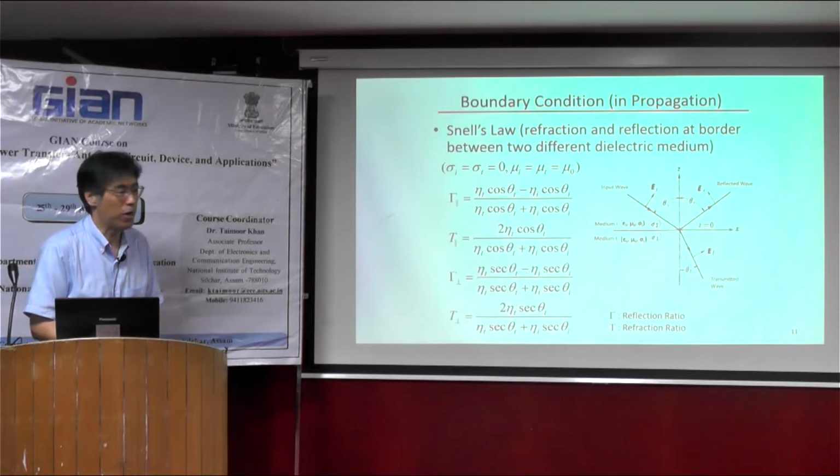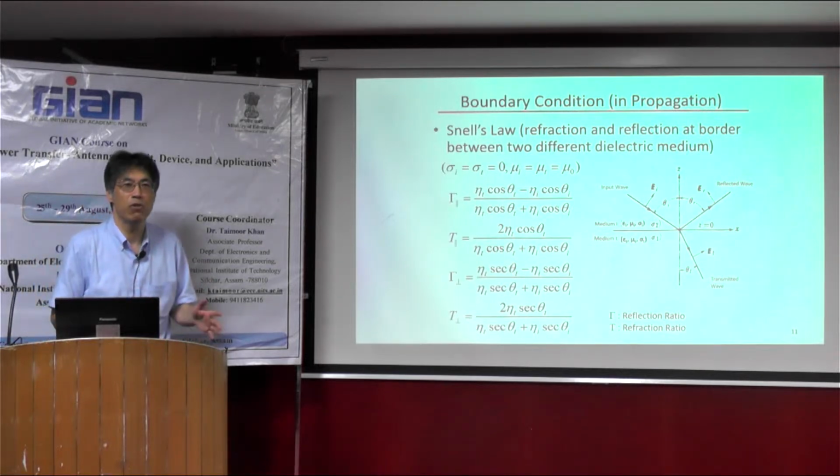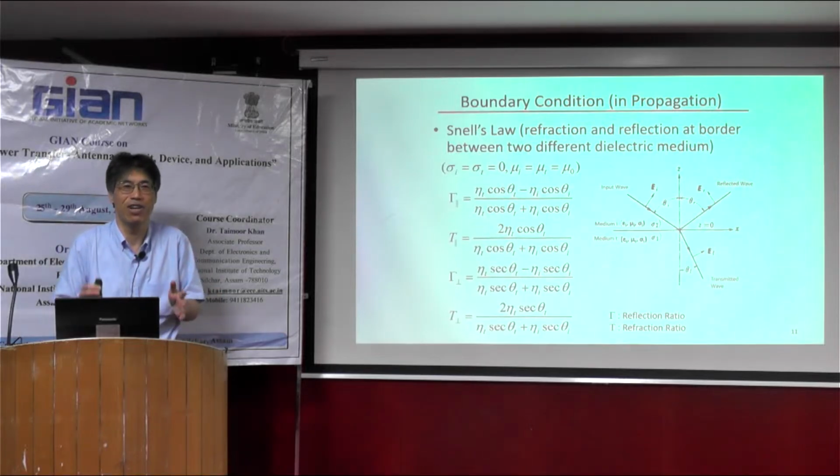So go back to Snell's law. If a wave propagates into different media, different means different epsilon or different mu or different impedance. But Maxwell's equation is perfect, as I explain again and again.